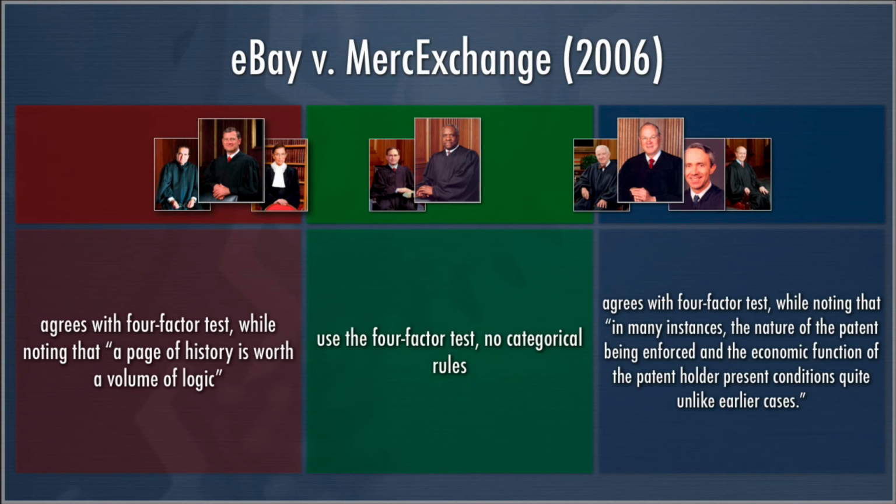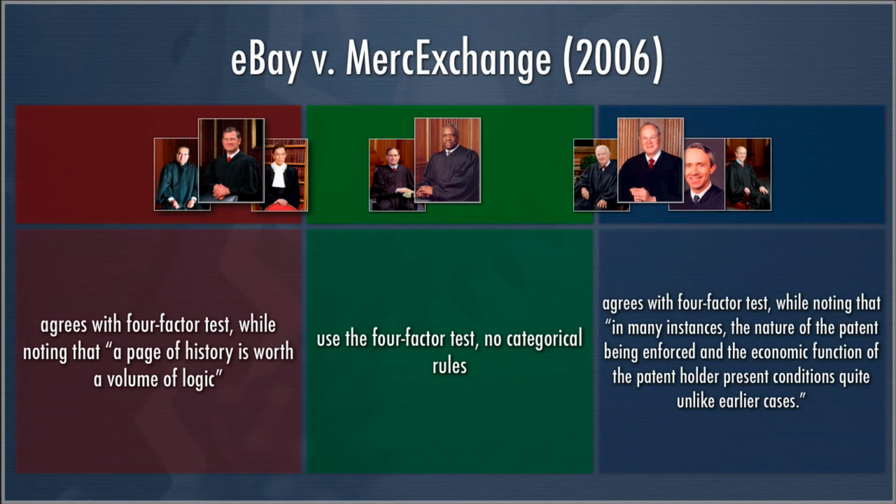Justice Kennedy has a fairly striking concurrence, and I think it's one of the more interesting opinions that the Supreme Court has ever written on patent law, and says also that they agree that the four-factor test should be used, and then notes that in many instances, the nature of the patent being enforced and the economic function of the patent holder present conditions quite unlike earlier cases.